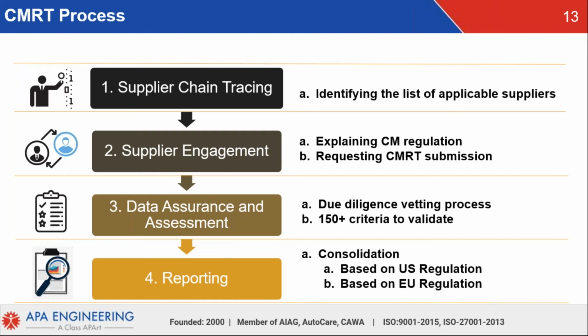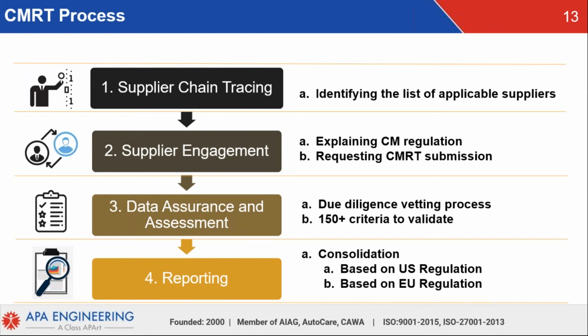And step 4 is consolidating the CMRTs by combining all the reports we have received. Once you receive the CMRTs and verify the due diligence, before you actually submit your response to the customer, or even to prepare the analytics required for the Form SD, that is the specialized disclosure report to be submitted to the Securities and Exchange Commission, you need to consolidate all the CMRTs and report the worst case scenarios.